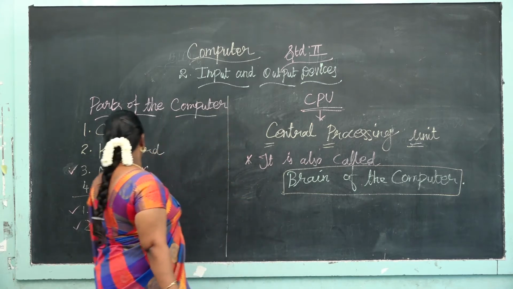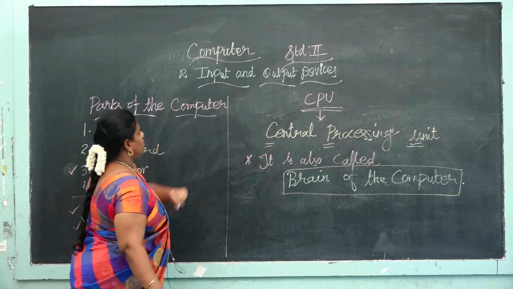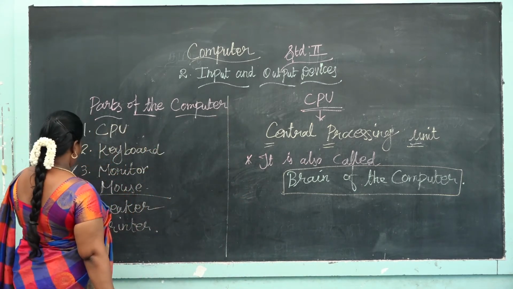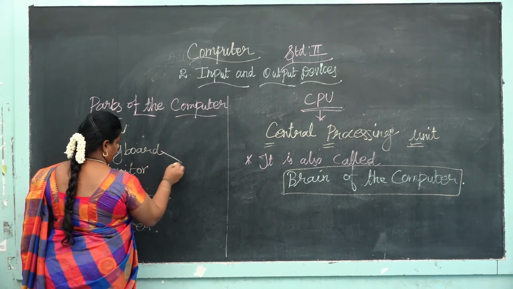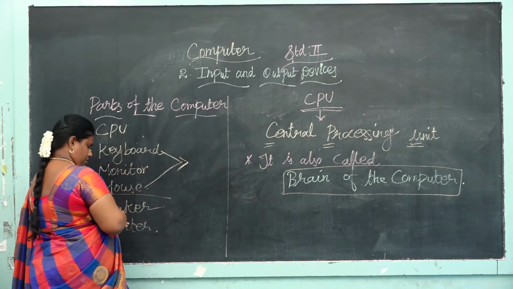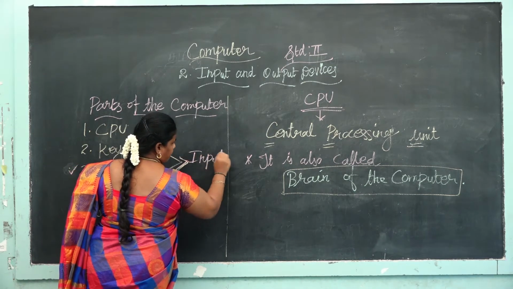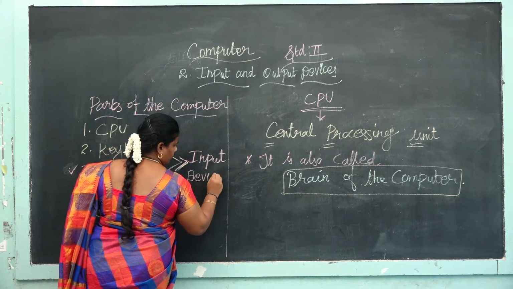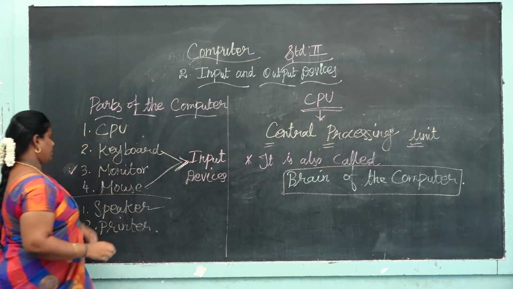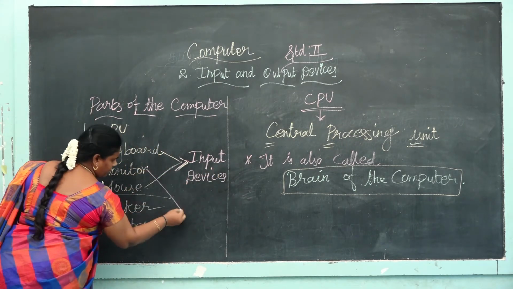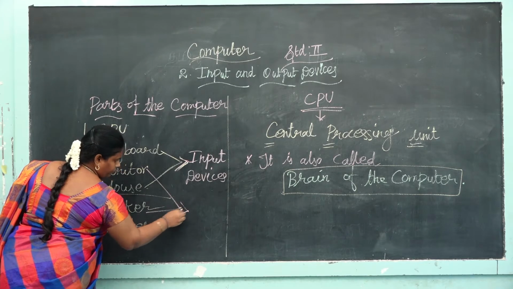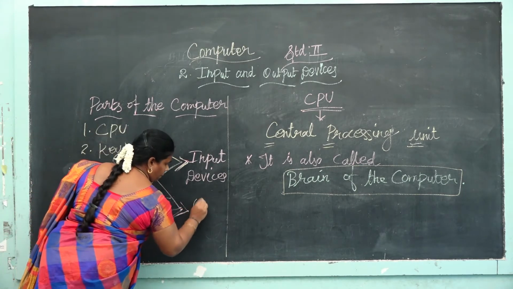All input and output devices are connected to the CPU. What are the input devices? These and these are input devices. Then monitor, speaker: these are the output devices.